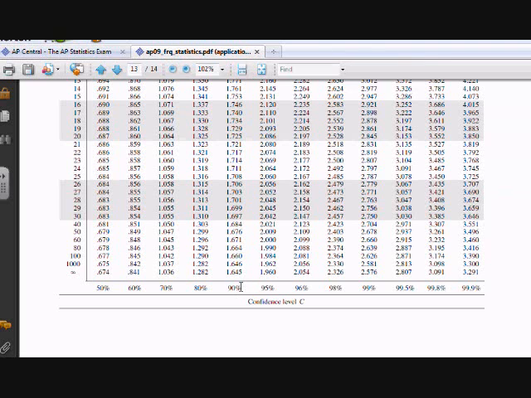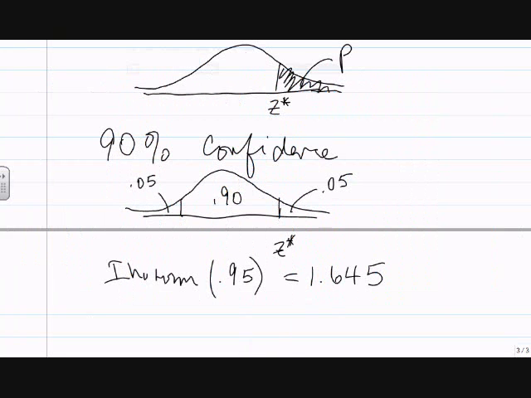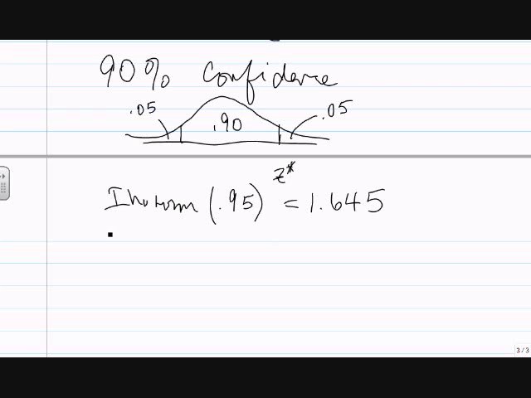And these are the critical Z's, and you look on the infinity line to get the one that you need for the normal distribution. We'll get to the t-distribution in a few more days. The left column is degrees of freedom. Teenagers are always thinking about degrees of freedom. Oh, because you've done chi-square, so you know degrees of freedom from that. So my critical Z for a 90% confidence interval is 1.645, no matter where you get it from.